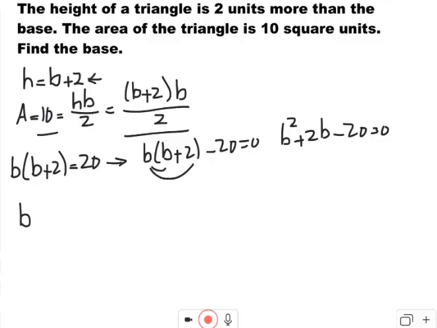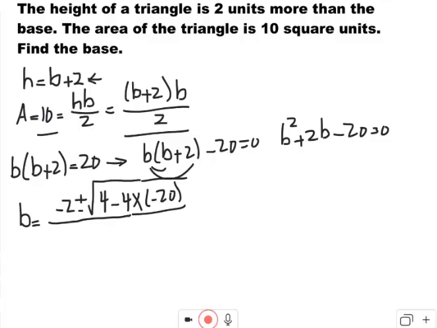So I'm going to say b is equal to minus b, which is 2, so it's minus 2 plus or minus the square root of b squared, which is 4, minus 4ac. So it's minus 4 times negative 20, divided by 2a. 2a is 2, so I'm going to get negative 2 plus or minus the square root of negative 4 times negative 20 is 80, plus 4 is 84, divided by 2.